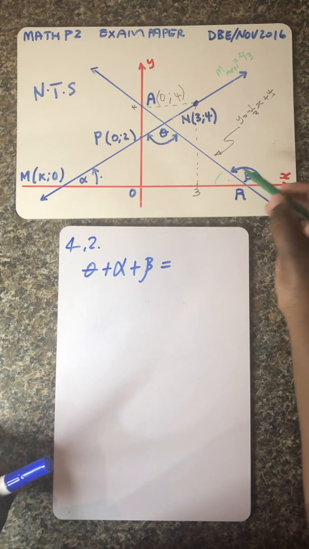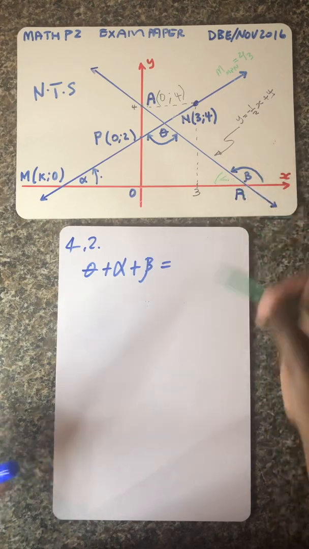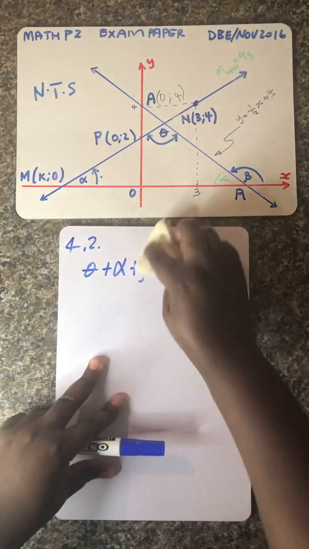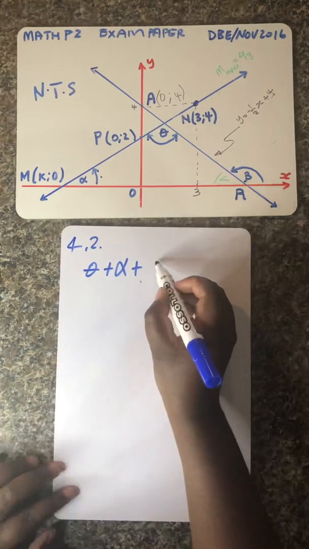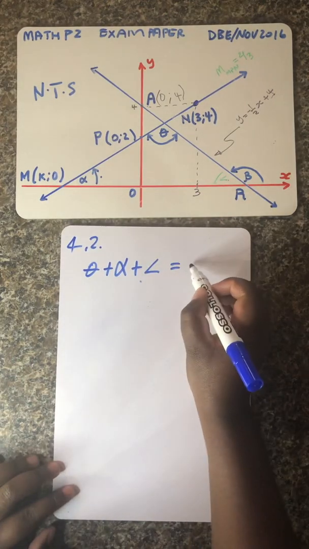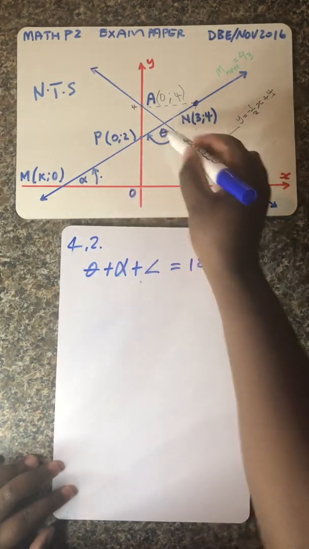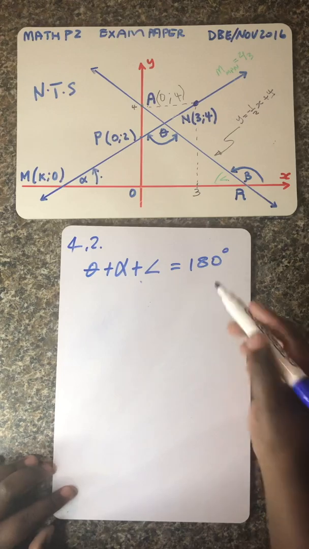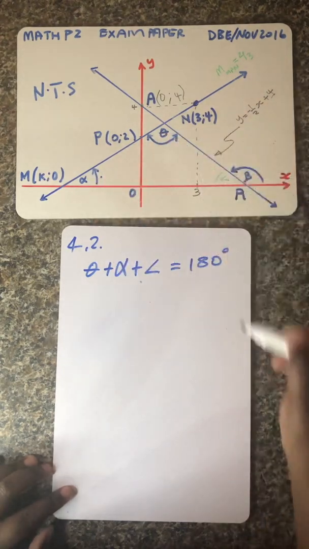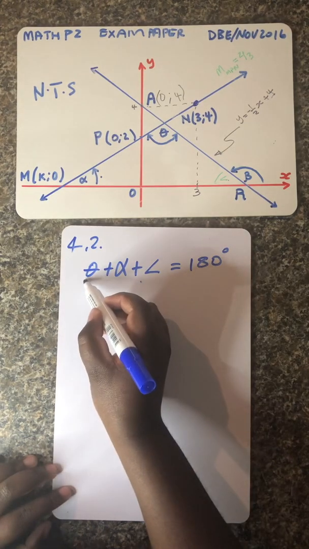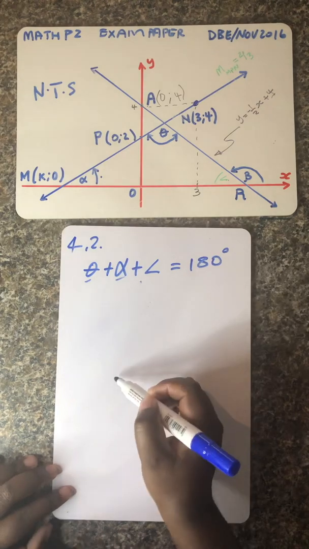Let's just use a to say a plus that angle is equal to 180 degrees. When you add the interior angles of a triangle, the sum of these angles must be equal to 180 degrees. So now what I'm saying is let's calculate that angle and calculate that angle.